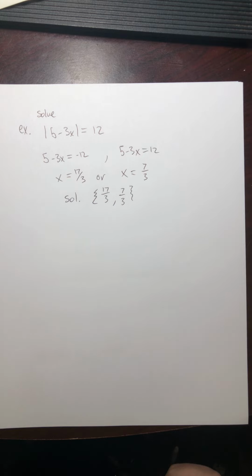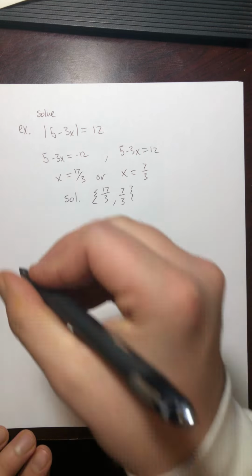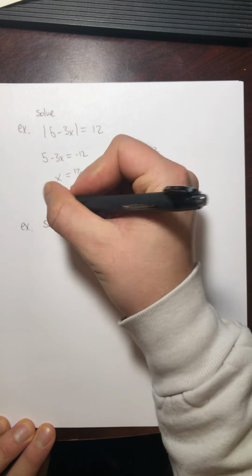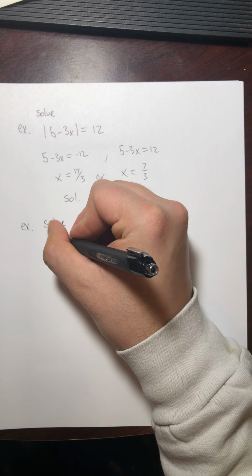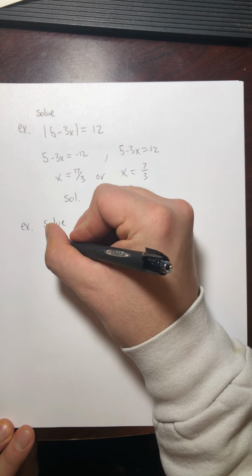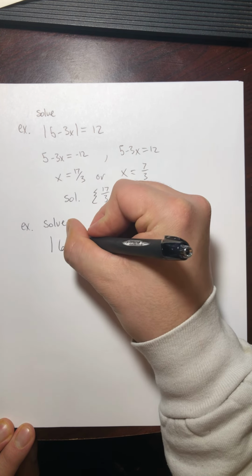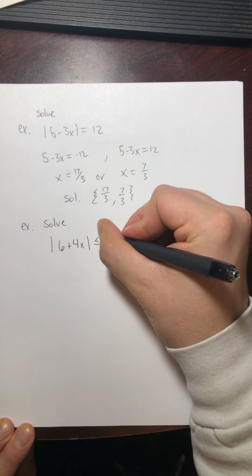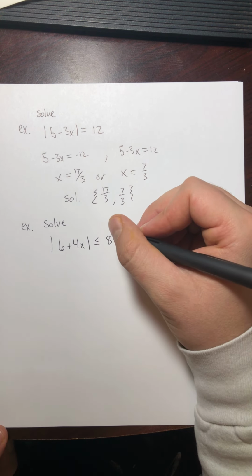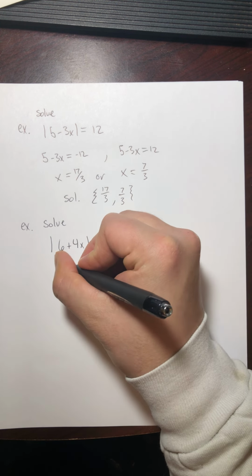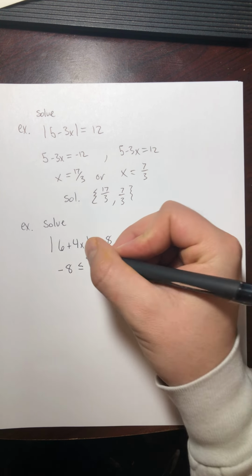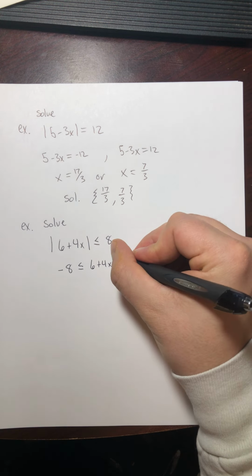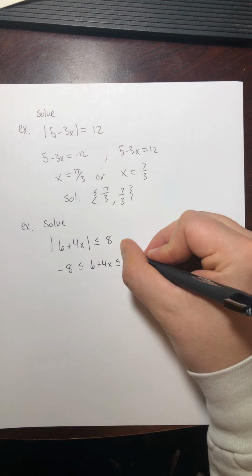Okay, let's take a look at some linear absolute value inequalities. So let's solve the absolute value of 6 plus 4x less than or equal to 8. Now this statement, the absolute value inequality, should be rewritten as a 3-part inequality.